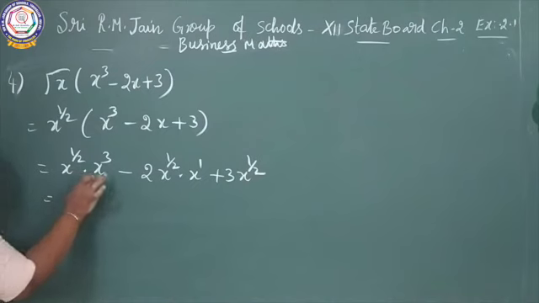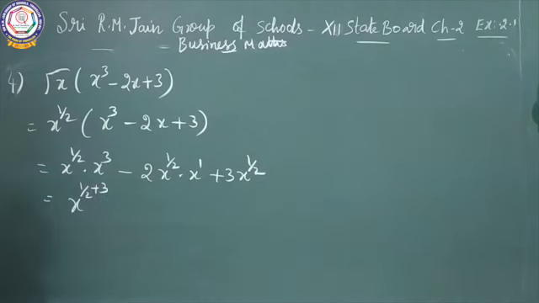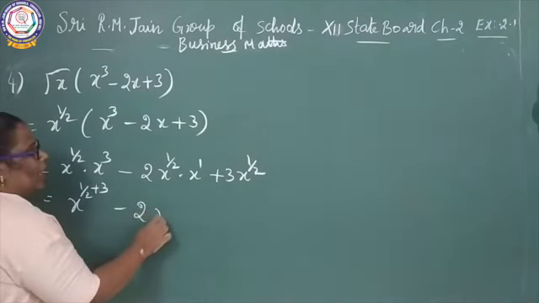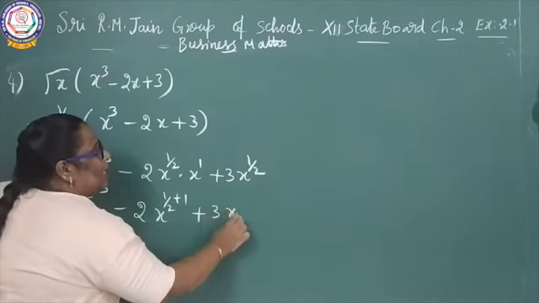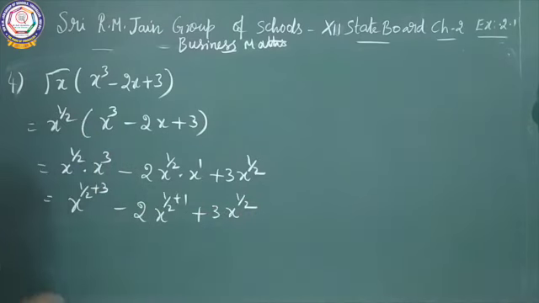If the bases are same, you can add the powers. So x power 1 by 2 plus 3, minus 2x power 1 by 2 plus 1, plus 3x power 1 by 2. First you simplify and then you can move on to the integration.